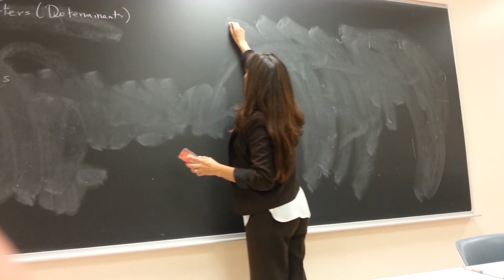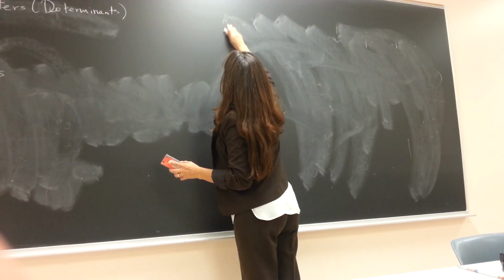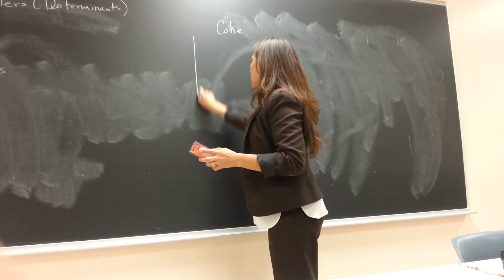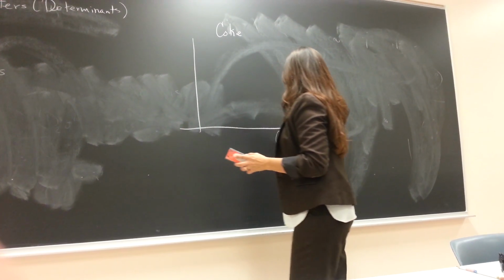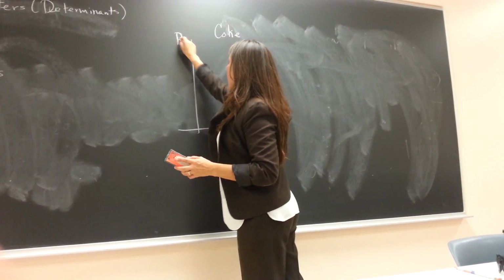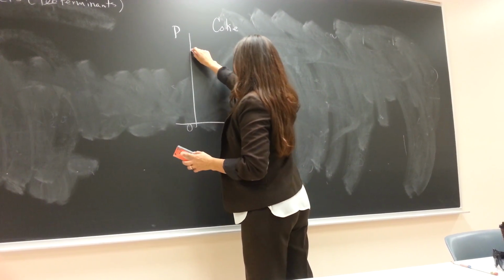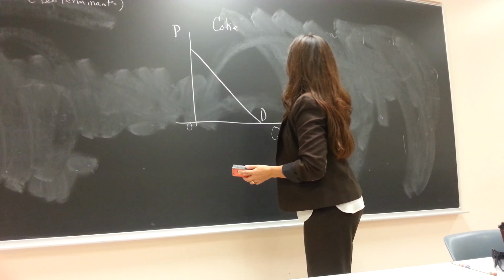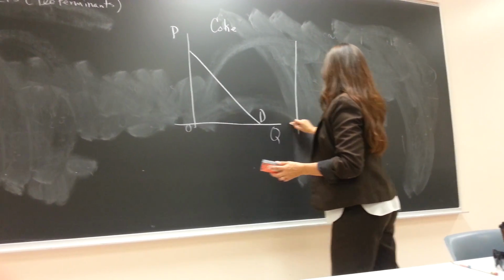So now we're going to have two different markets. We have a Coke market, quantity, price, and there's our demand curve. Okay. And we have our Pepsi market.